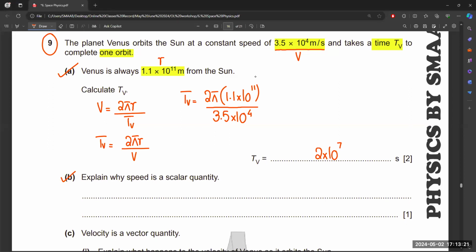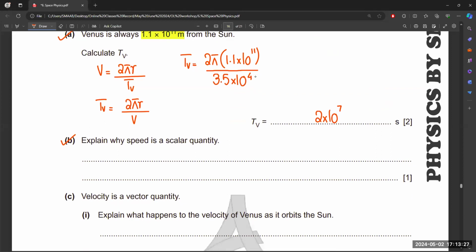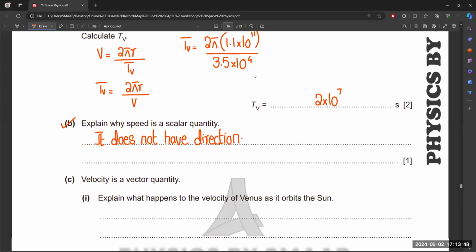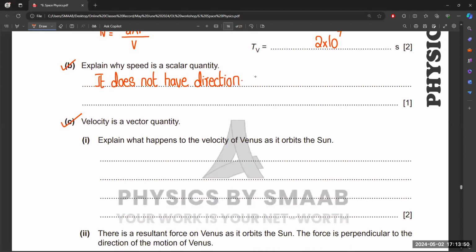In the second part, we have to explain why speed is a scalar quantity. This is also very simple, because a scalar quantity does not have direction, and velocity is a vector quantity.